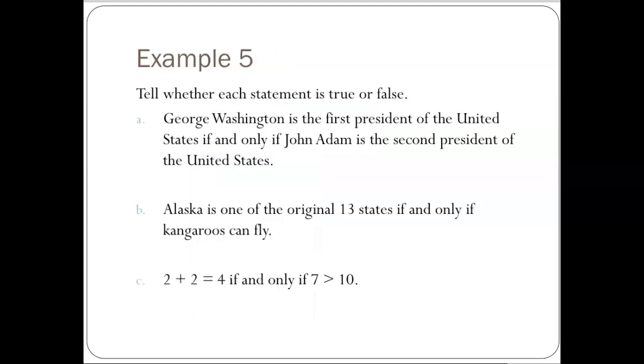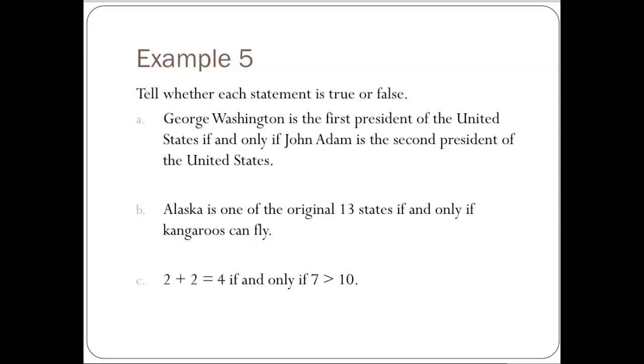All right, take a look at example 5. Tell whether each statement is true or false. George Washington is the first president of the United States if and only if John Adams is the second president of the United States. Okay, so that if and only if means it's a biconditional.